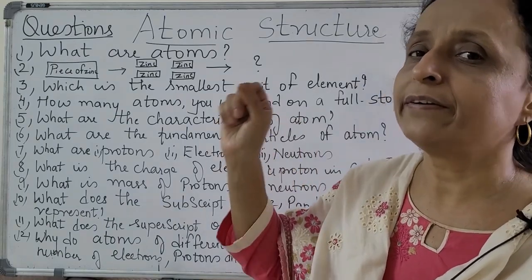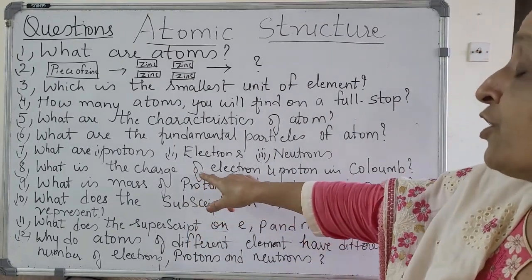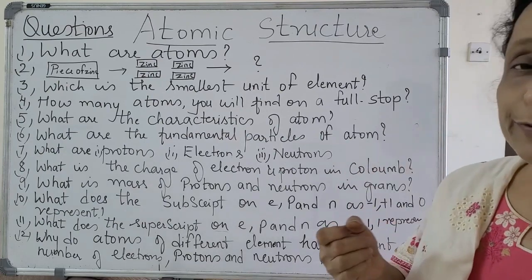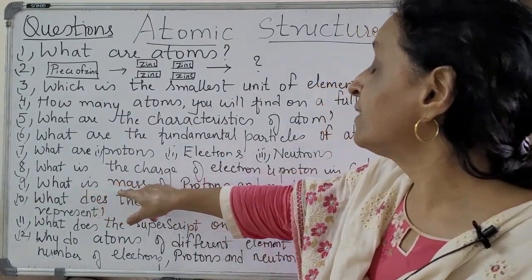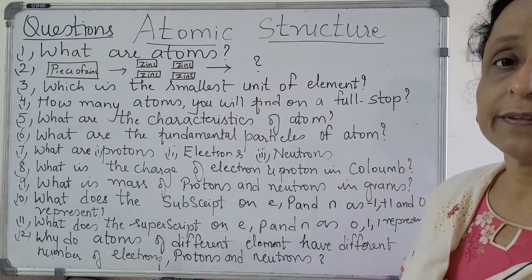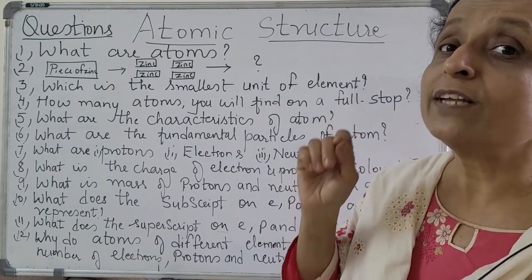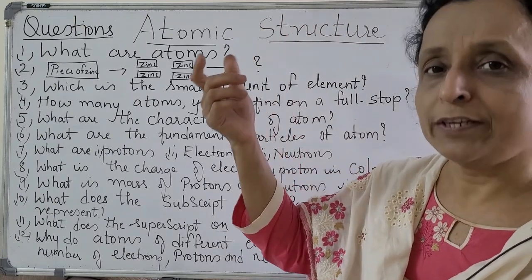That is the charge of electrons and protons in Coulomb. You have to memorize this number. Now, what is the mass of protons and neutrons in grams? In grams, it is 1.6 into 10 raised to minus 24.